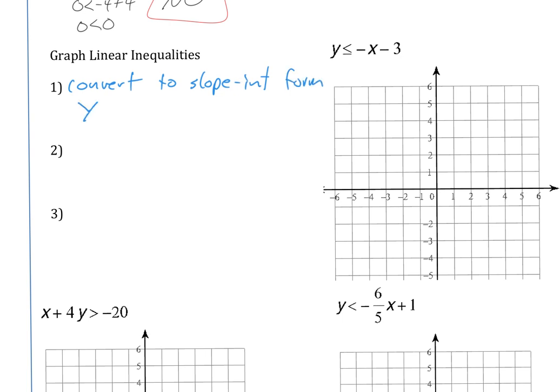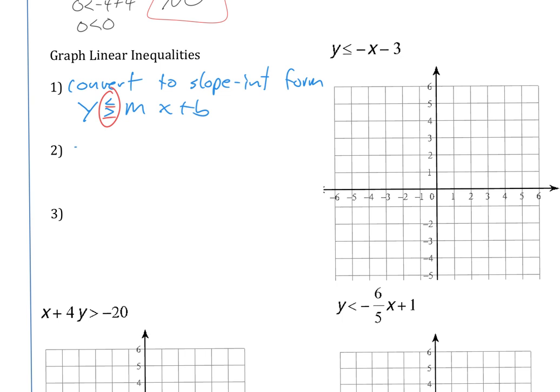Either y is less than or greater than mx plus b. And it could be equal, right? It could also be or equal to. This symbol could be lots of different things. But basically, we want the y over here, and we want the mx plus b. So that's step one. Our inequality here is already in that form. So we're good. We could go ahead and go on to step two.